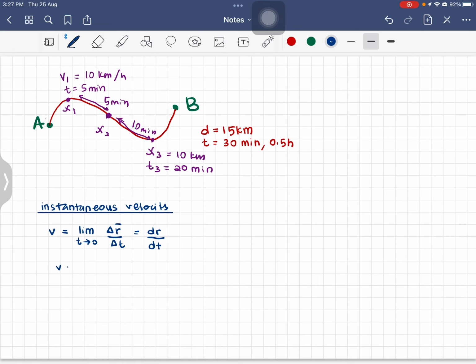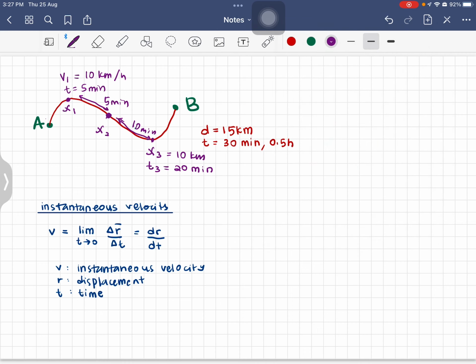So here your V is your instantaneous velocity. Your R is your distance, or displacement. And your T is your time. This is the definition for instantaneous velocity.